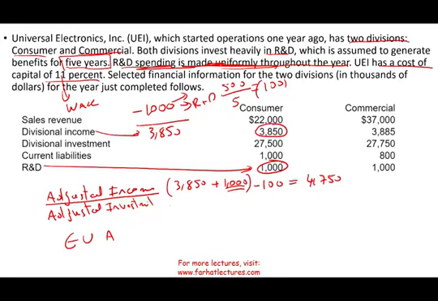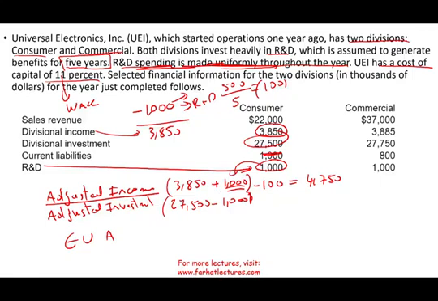Now, for the adjusted investments, we are starting with $27,500. Remember, we have to deduct current liabilities, this $1,000 gets deducted. Then, initially we expensed $1,000, then we turned it back into a non-expense, then deducted $100 of it as an expense.